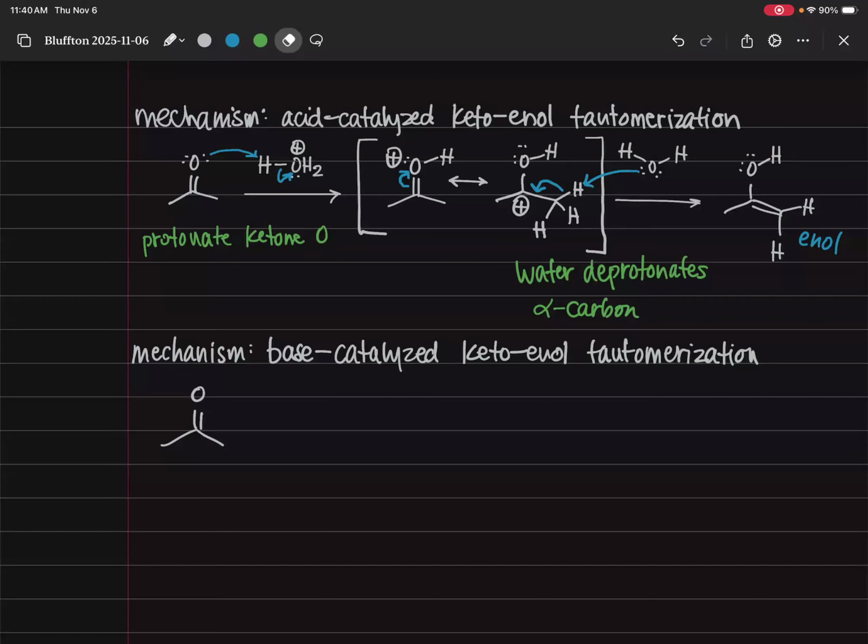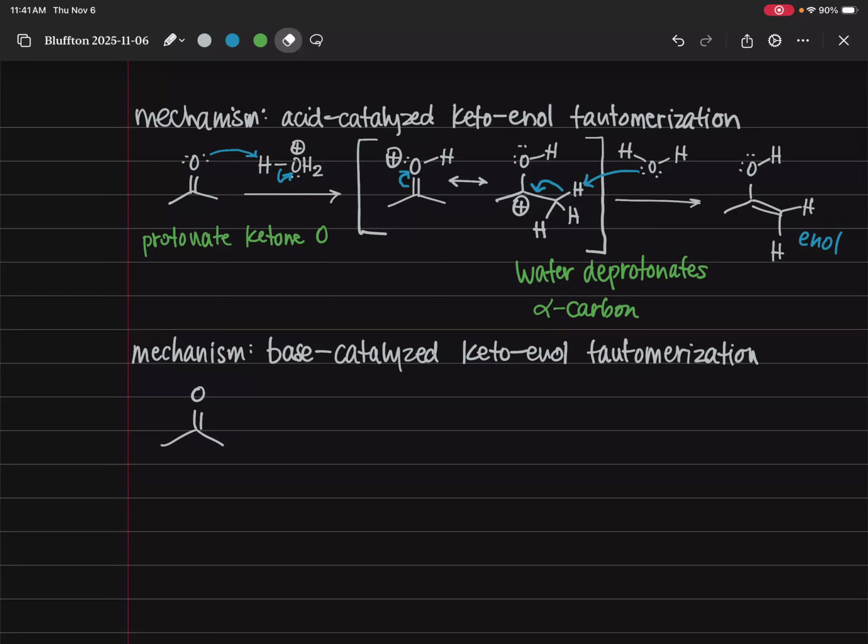If one of these was a nitrogen, you would probably get a different reaction in that case. But I'm not going to give you an example like that.